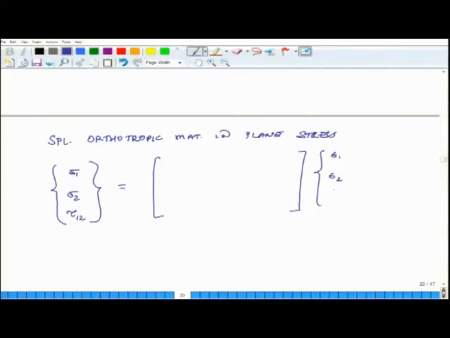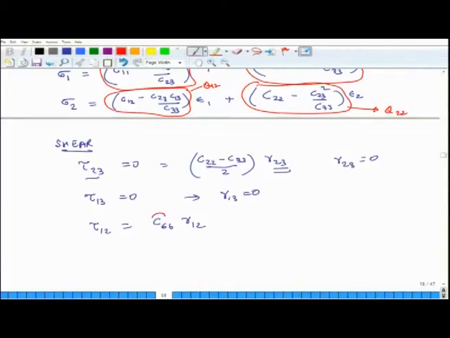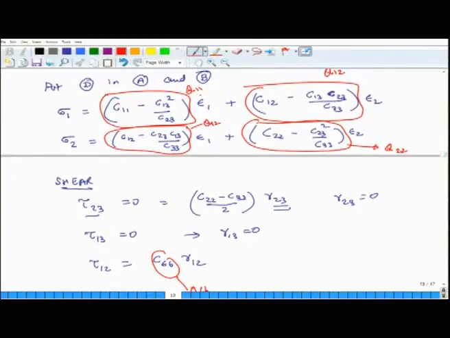Epsilon 1, epsilon 2 and gamma 12. Okay. And the elastic constants are Q11, Q12, Q22 and Q66. Oh, I forgot, this term C66 we call Q66. So, we have 3 elastic constants Q11, Q22, Q12 and the 4th elastic constant is Q66.